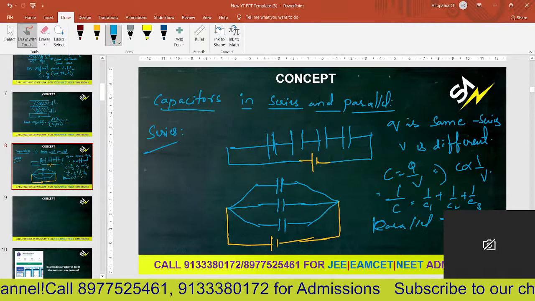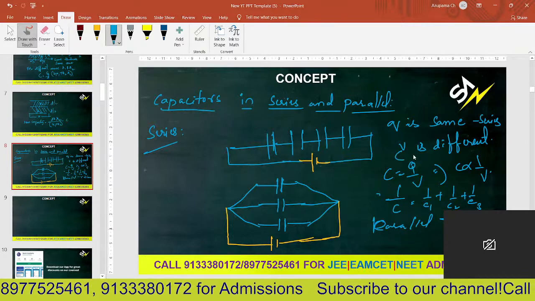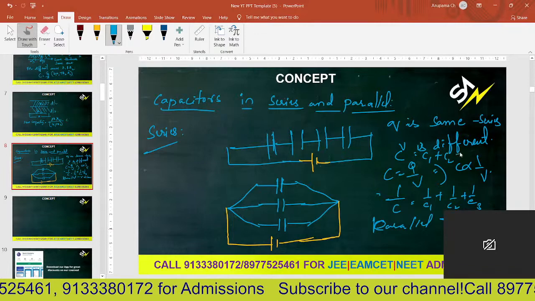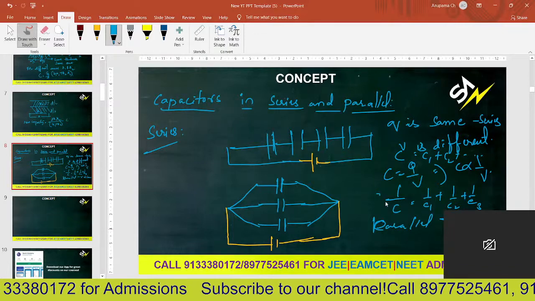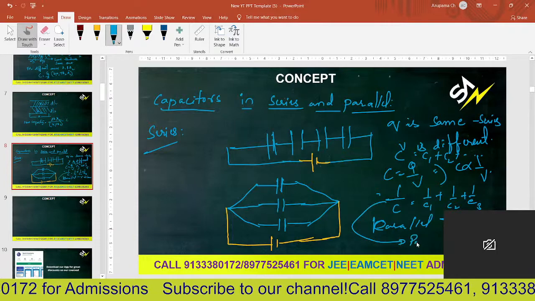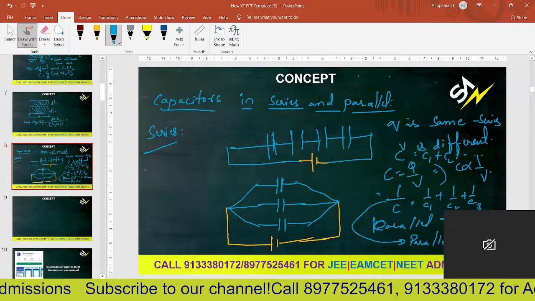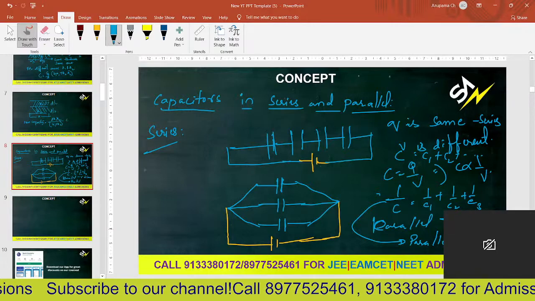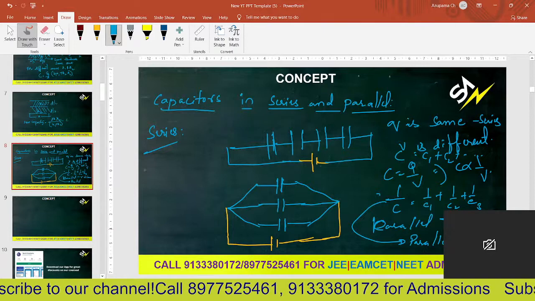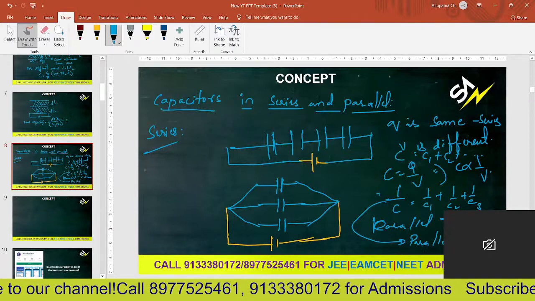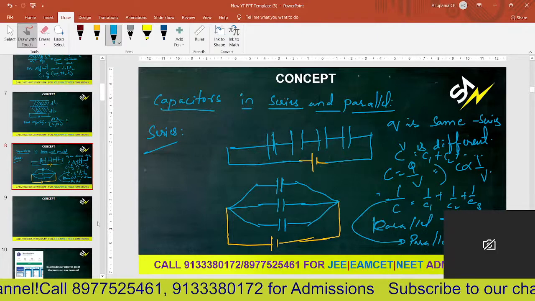V is the same. So in parallel you get C equals C1 plus C2 plus so on. I had to tell this before. So this is how capacitors are drawn in parallel and in series connection, right?